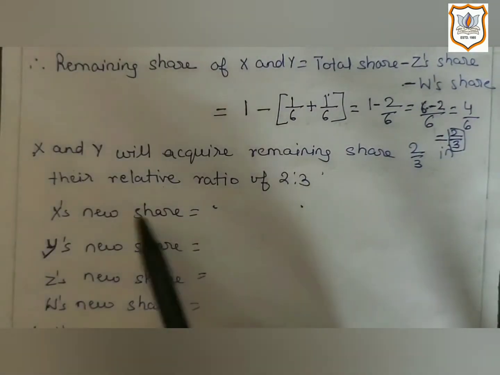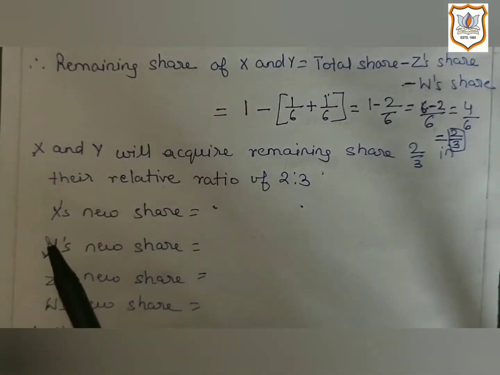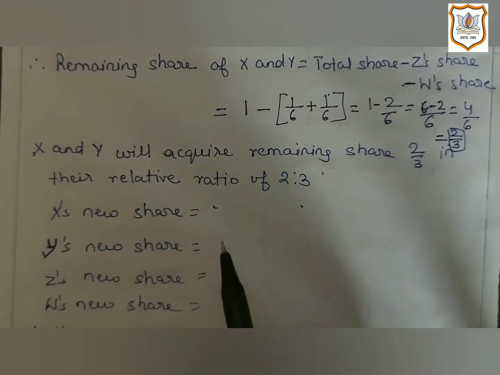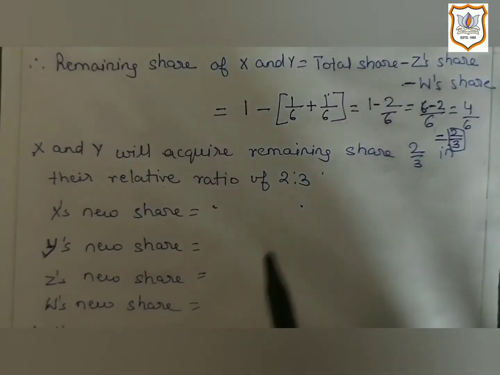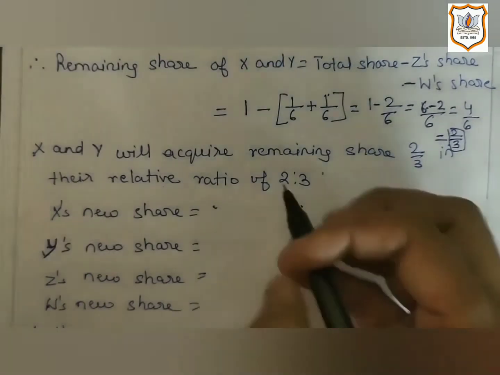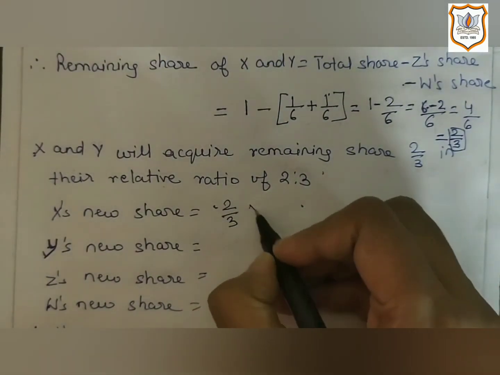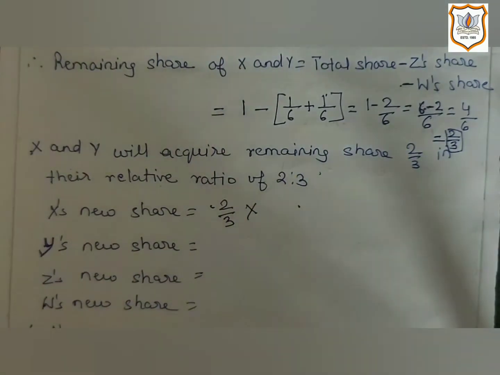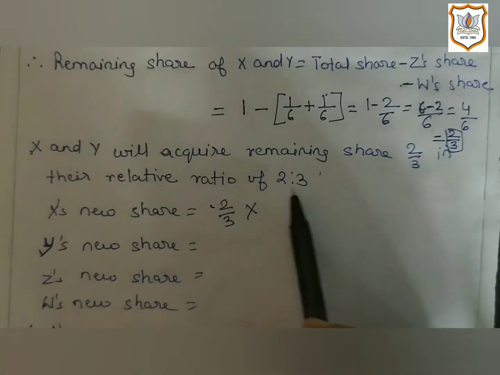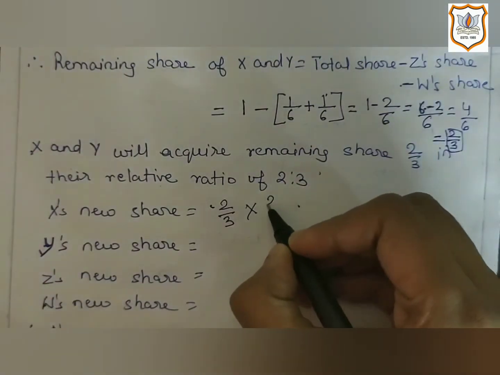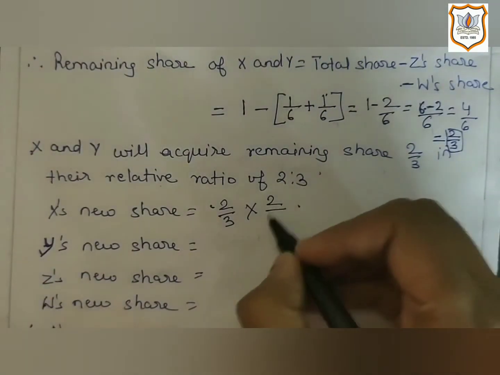So in this way, for finding out X's new share, we will multiply the remaining share of profit, that is 2/3, with the share in relative old ratio, that is 2:3. According to that, 2/(2 plus 3), 5.